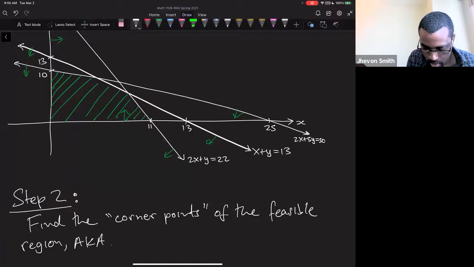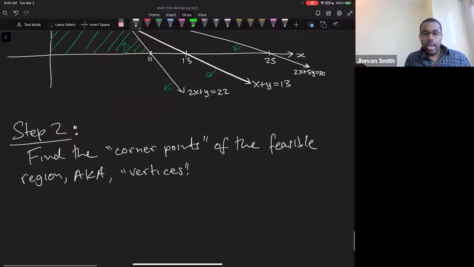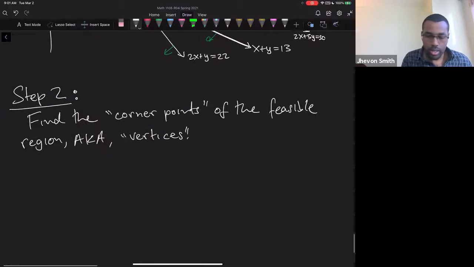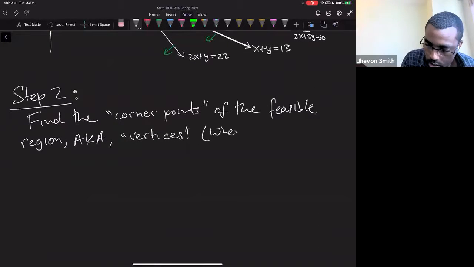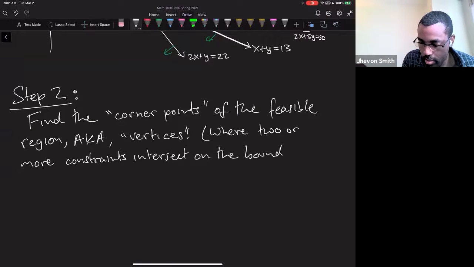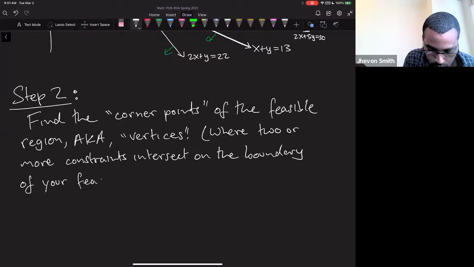AKA vertices. Okay, and this is pretty much where two or more constraints intersect that are on the boundary of your feasible region, right? So this is where 2 or more constraints intersect on the boundary of your feasible region.